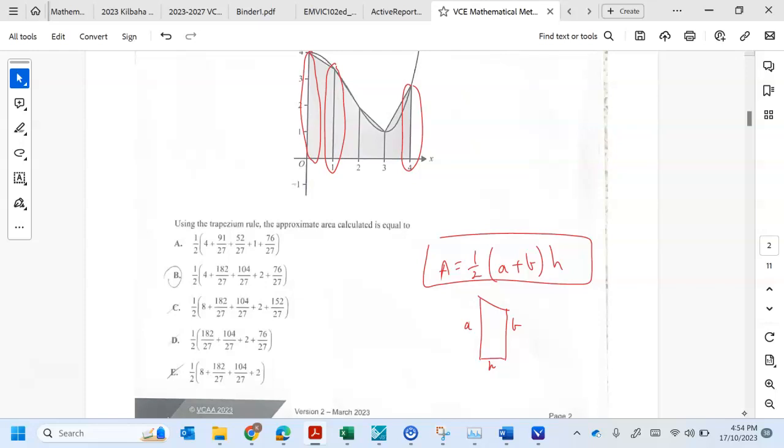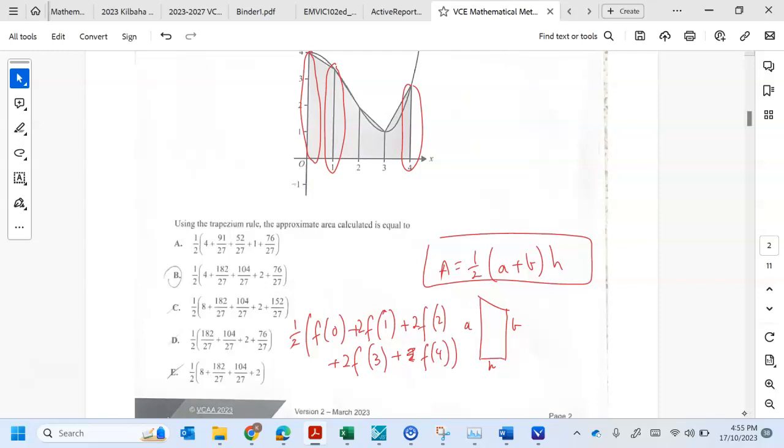We're calculating it twice. So when you're calculating the area of a trapezium using the formula, you'll see that, well, in this case, we've got half. So you've got f of 0 plus 2 times f of 1 plus 2 times f of 2 plus 2 times f of 3 plus, oops, not 2, just 1 f of 4.